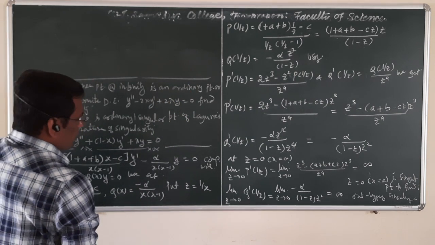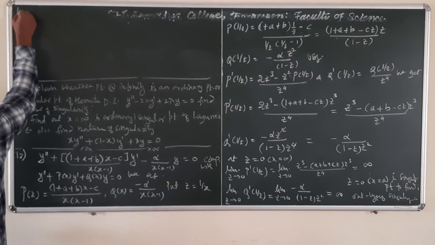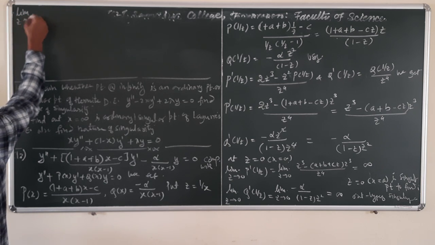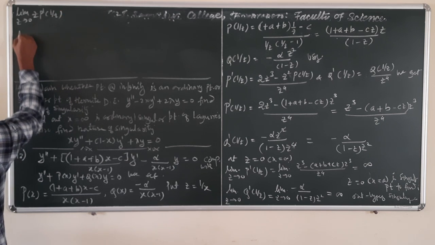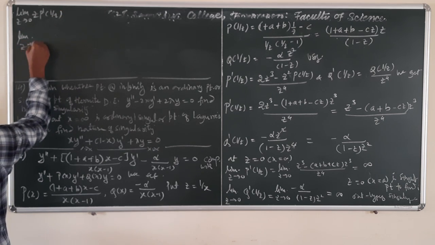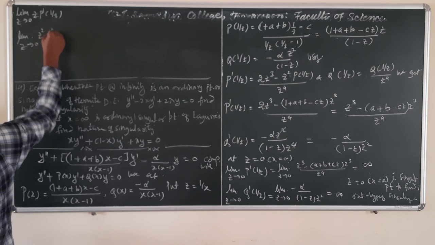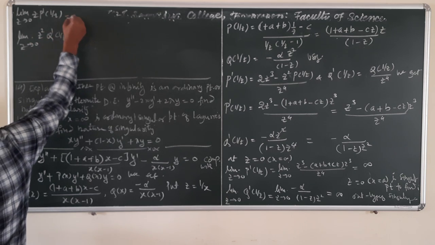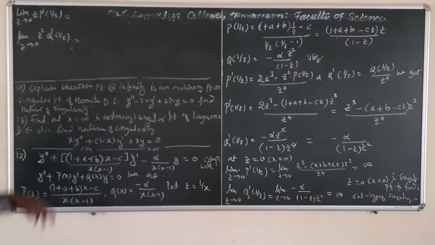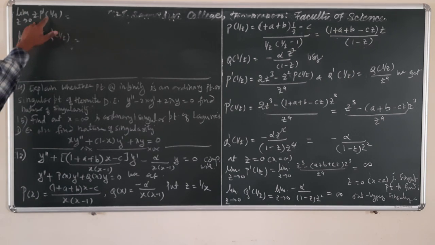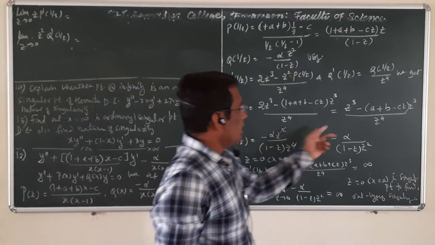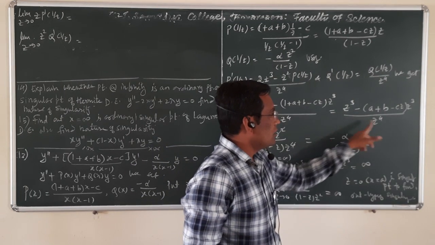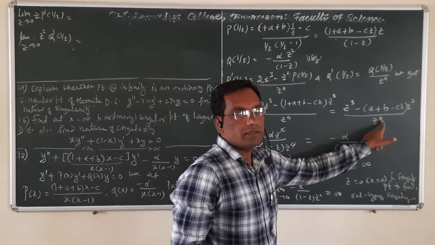Now we have to take limit as z tends to 0, z into p dash of 1 upon z, and limit as z tends to 0, z square into q dash of 1 upon z. First of all, this limit: z multiplied by p dash of 1 upon z. If you multiply this equation by z, here in the denominator we will get z cube.